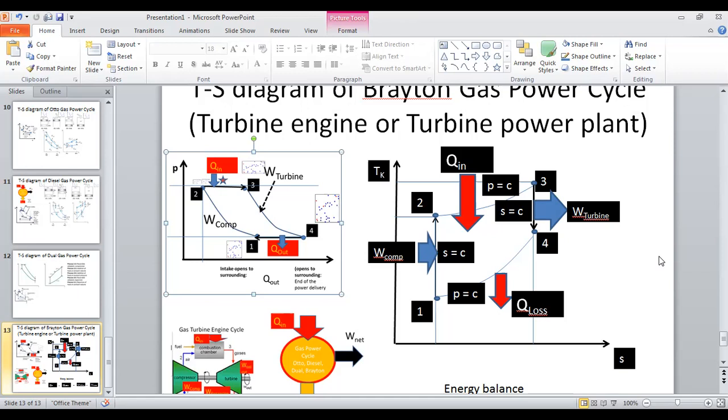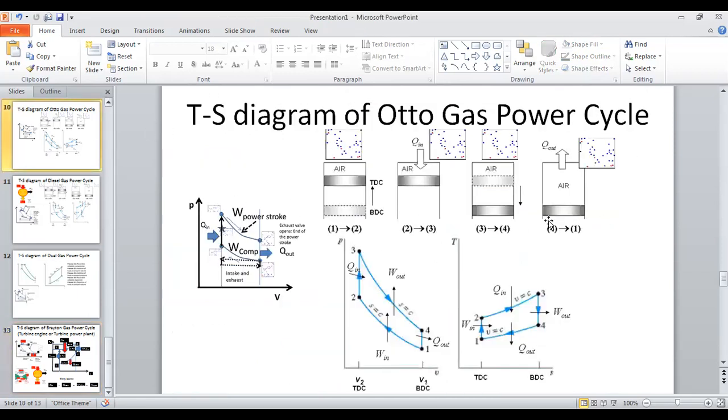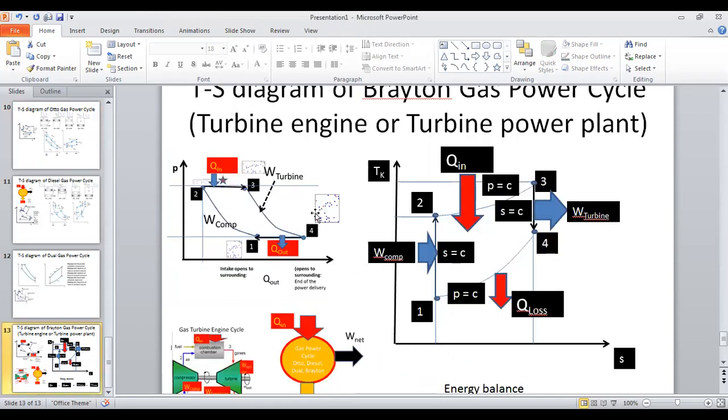The same way you can justify the previous ones like this. So think about this working fluid and the mechanical arrangements, that is in auto, diesel and dual. It's about the piston cylinder and somehow ignition.